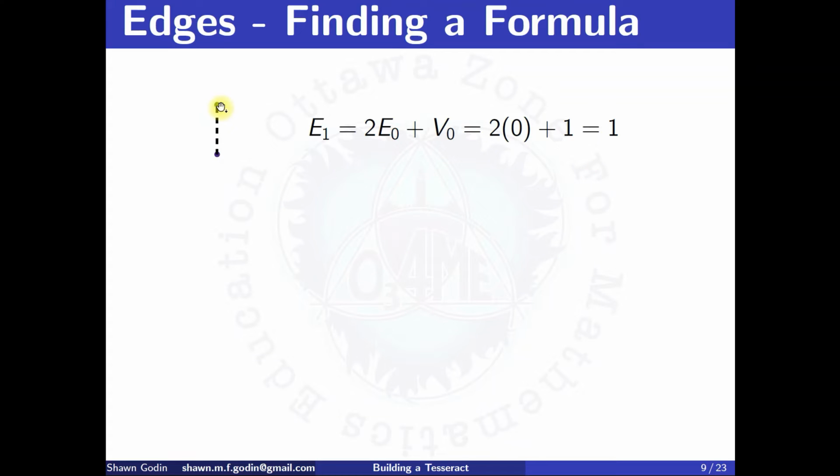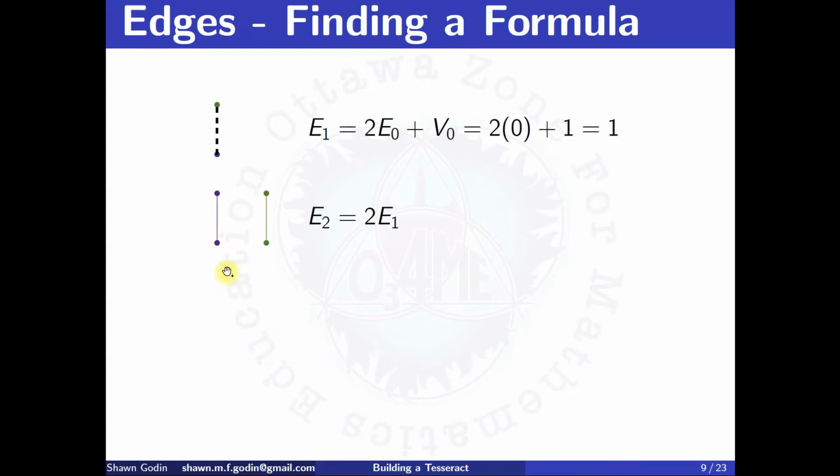But we get an extra edge when we join together those corresponding vertices from the doubling from the dimension below. So E1 turns out to be 2 times E0, which is nothing, plus 1, which corresponded to the 1 point that we had before, gets connected to its corresponding point in the doubling.